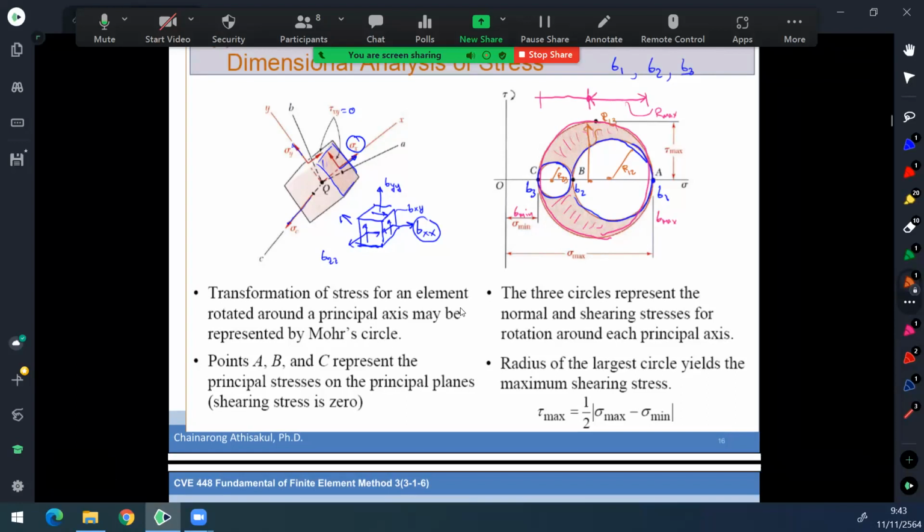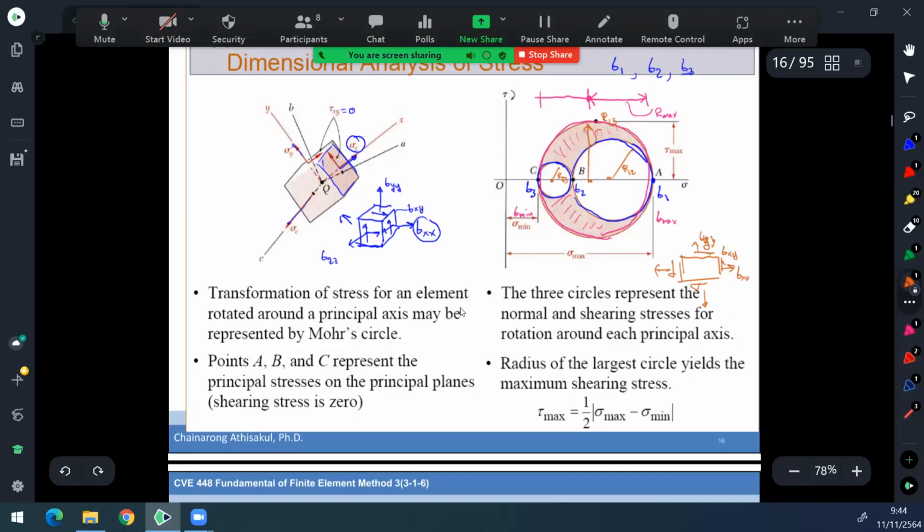The first thing that a new engineer should notice, who is familiar with the plane problem: in some cases you may have the state of stress like this. You have sigma x, sigma yy, and also sigma xy like this.